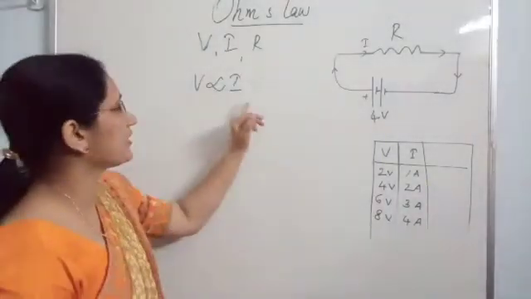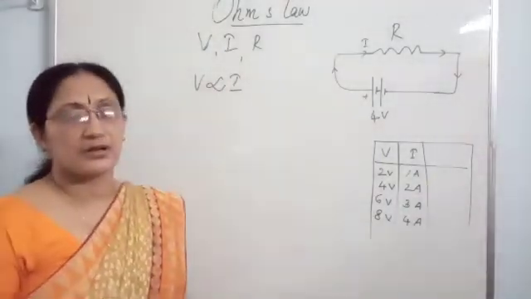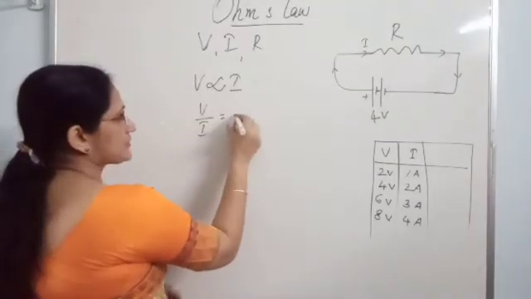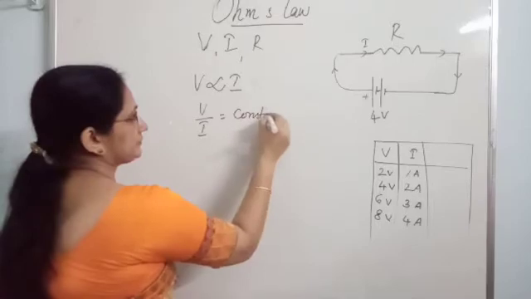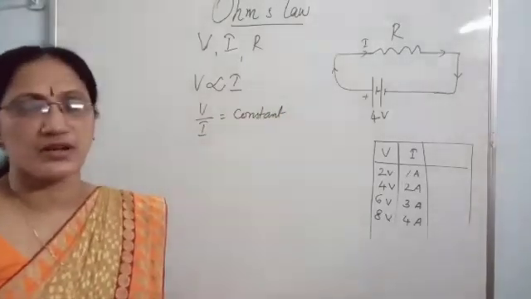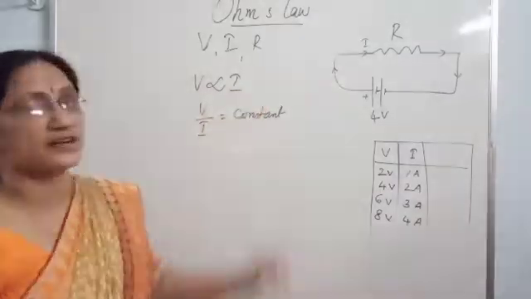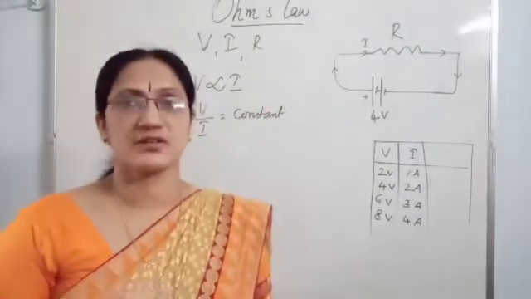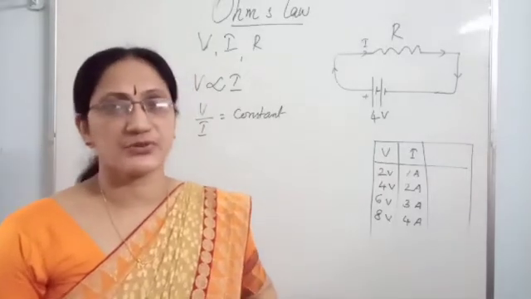So V and I are proportional. That means V by I is a constant. What is the meaning of V by I is a constant? If two physical quantities are directly proportional, there will be a proportionality constant. In 9th class you might have studied it.